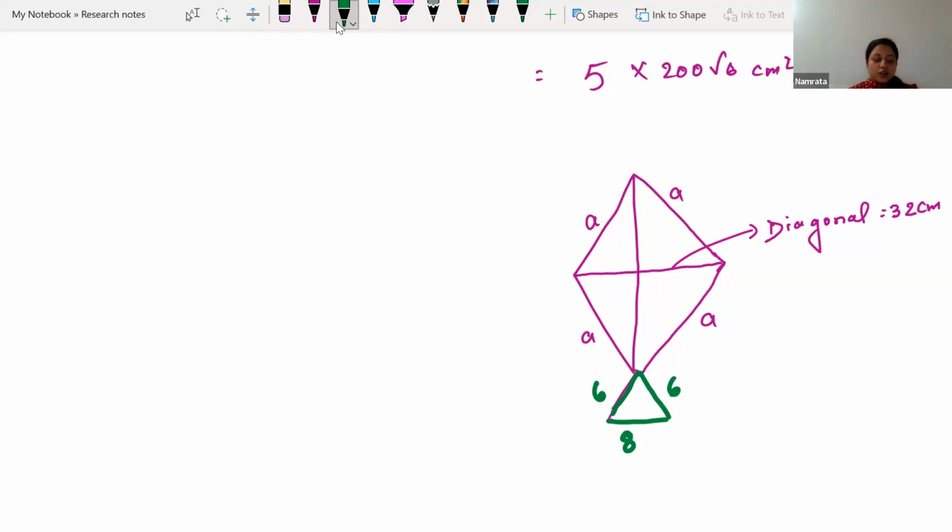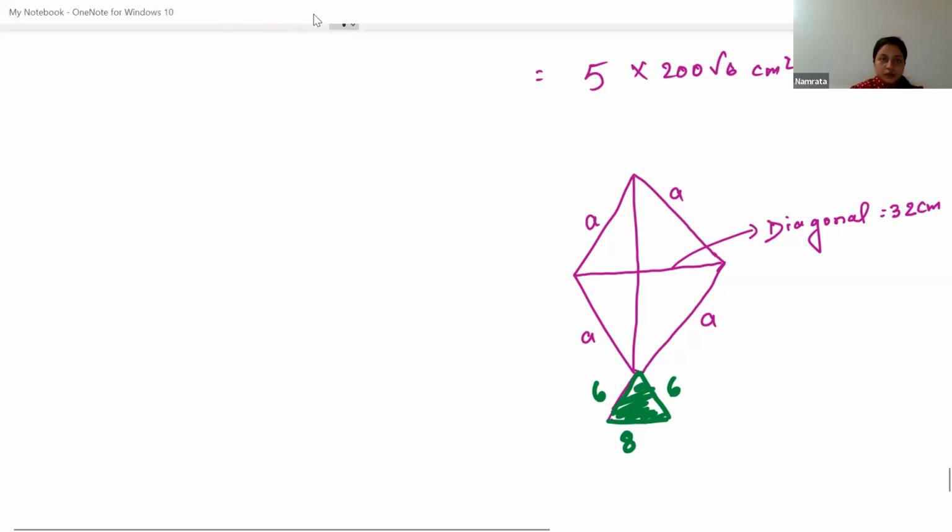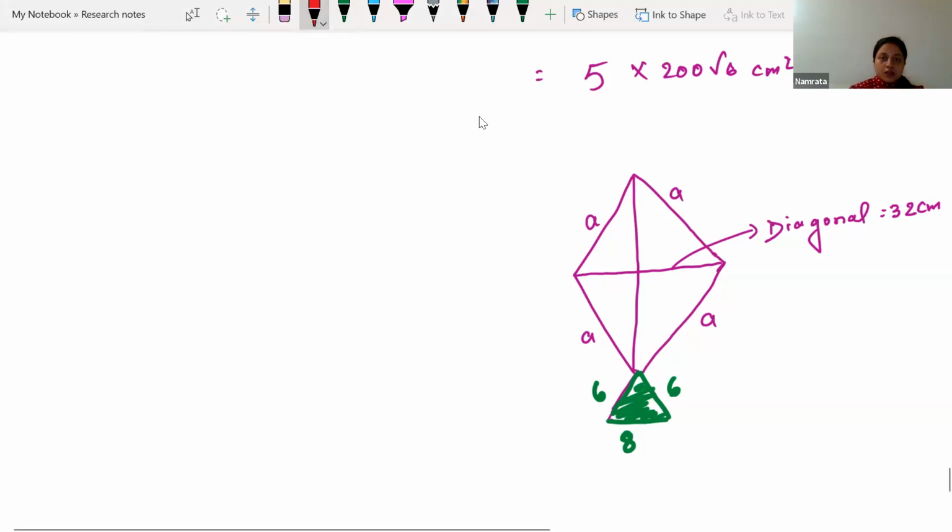Each is to be made of 3 different shades as shown in the figure. How much paper of each shade has been used in it? So this is one of the shades. This is another shade.